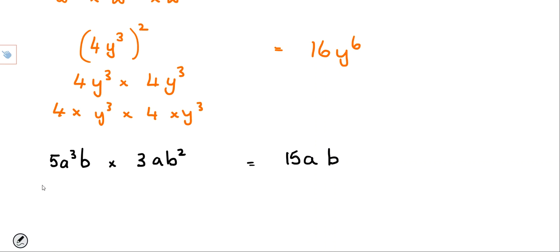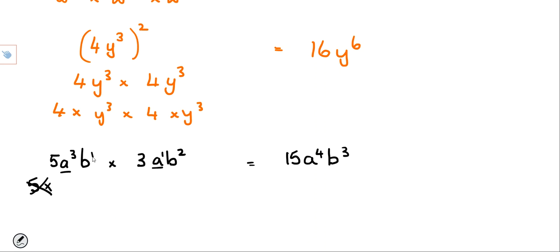But what does this mean? It means 15a cubed b. No, a fourth. A to the power of 4, isn't it? And then b to the power of 3. Oh right, because there's like an invisible one. Yes, there's like a 1 there, isn't there?